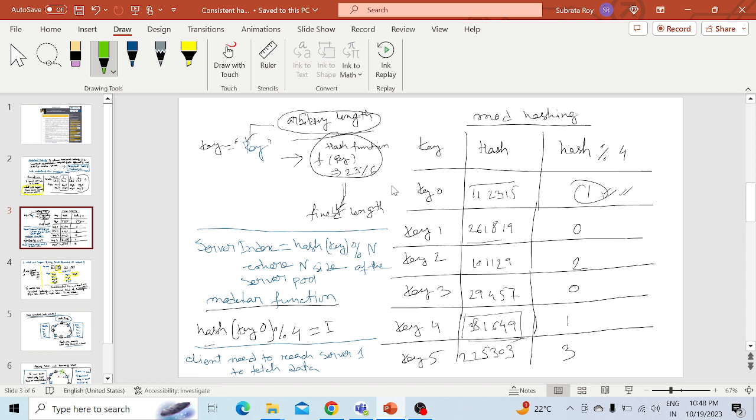This is just for reading purposes. Now think about a key: I just introduce key equal to Roy or Subrata. This is an arbitrary length, Roy, right?